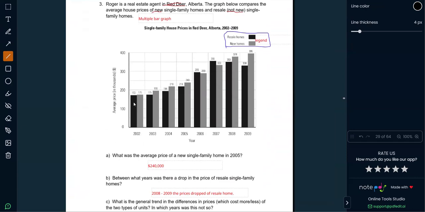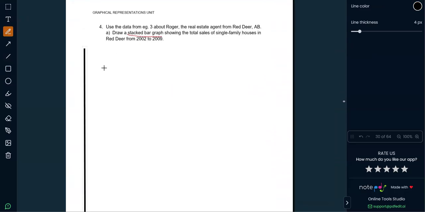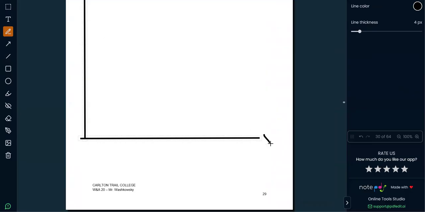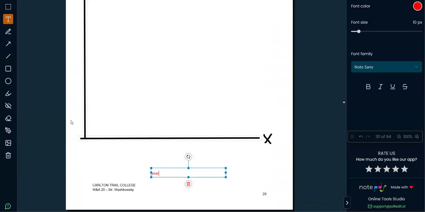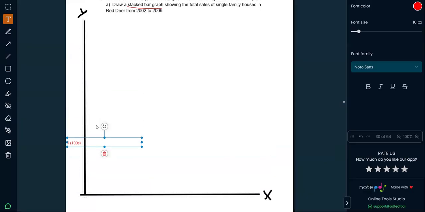Well, usually a vertical graph, so we want our numbers to be on the Y-axis. So my numbers need to go on the Y-axis, right? So here's Y, here's X. I'm saying that this is going to be the year here, and then this is going to be the price in thousands of dollars over here.